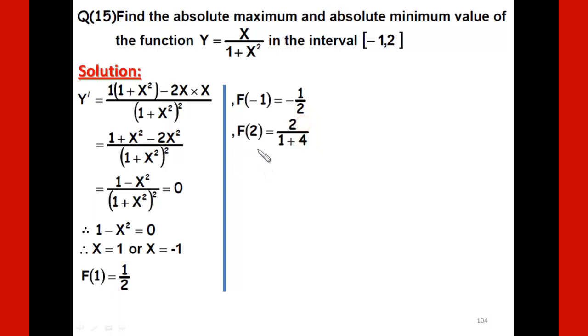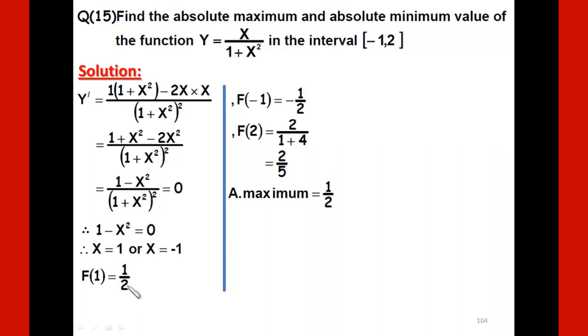F of 2 equals 2 over 1 plus 4, which equals 2 over 5. And we will take the maximum value and the minimum value. So a maximum value equals half, it is the greatest value.